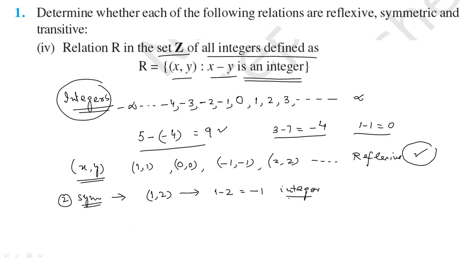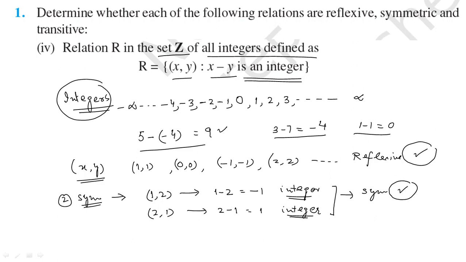The answer should be integer. Now what about 2, 1? The output is 2 minus 1, that is 1. Again the answer is integer. This one is the condition. It means if both the values are integer, then relation is symmetric. This one is again okay.